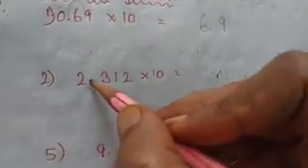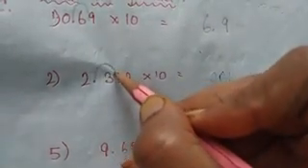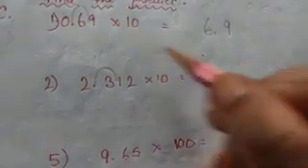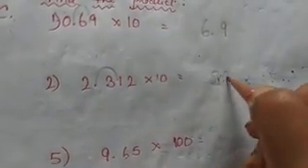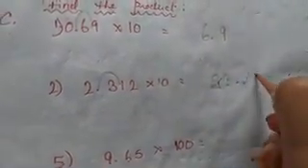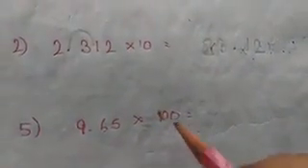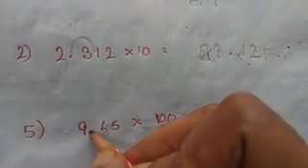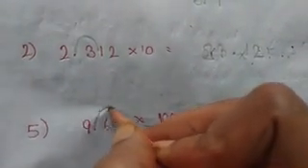Again move the decimal point one place to the right. The number will be 23.12. Now 9.65 into 100. Have to move the decimal point 2 places to the right.